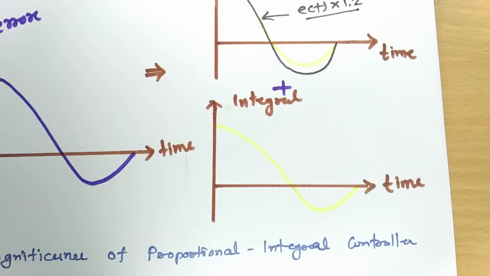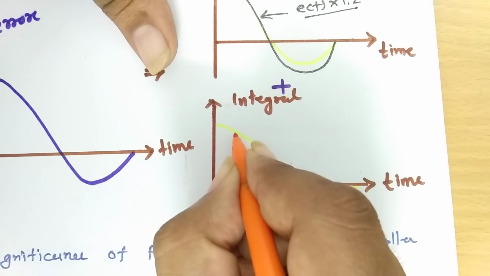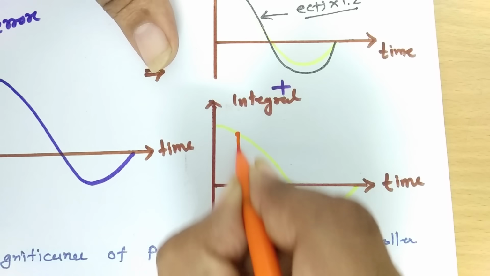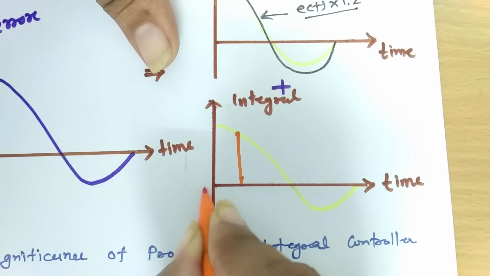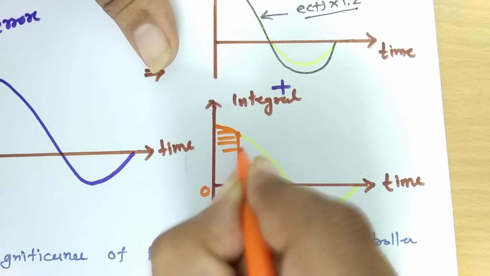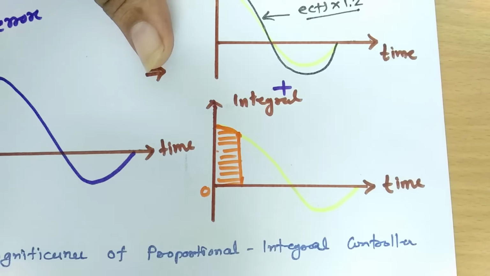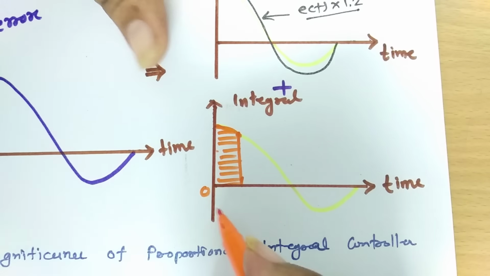Now to understand it, I'll explain that. First of all, see here, if I say about this instant from 0 to this instant, one can clearly see this is what the area, that is what swept by this error, and this is what positive area.